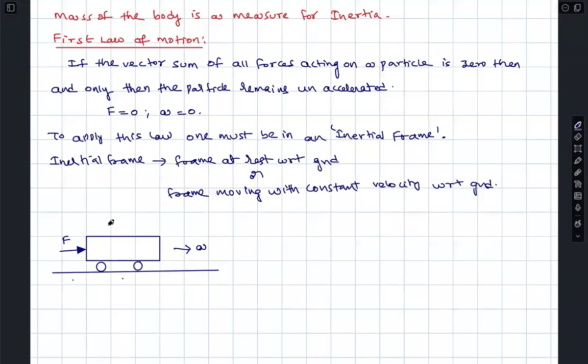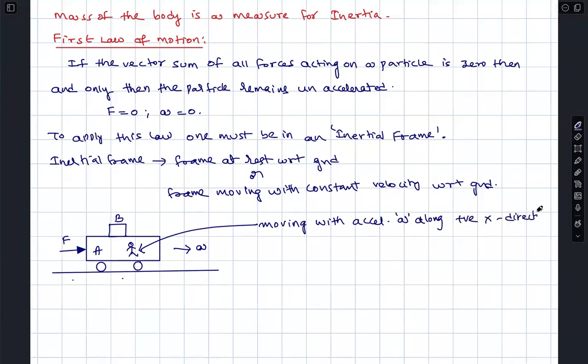Good. Now, imagine a block placed, let us say this is A, this is B. Imagine that the observer is in the frame A. Remember, this observer is moving with acceleration A along positive X direction. In this, any doubt?